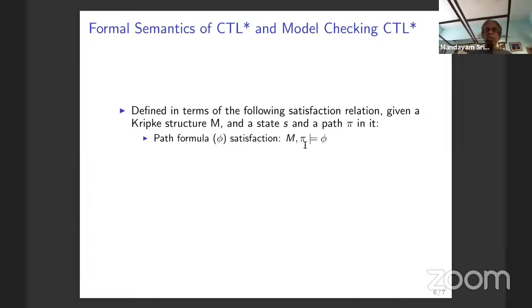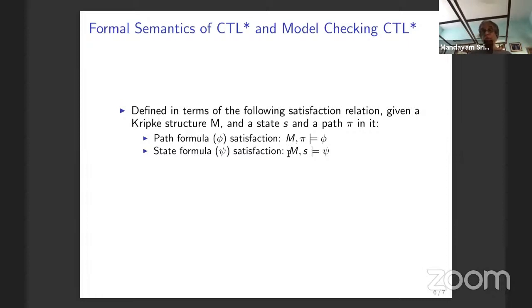So for a path formula, you require a model and a path in it. Then you define whether a path formula is satisfied by this Kripke model, given a path in it. And similarly, for a state formula, the satisfaction relation is defined as: given a state, the state formula is true of that state in that model.